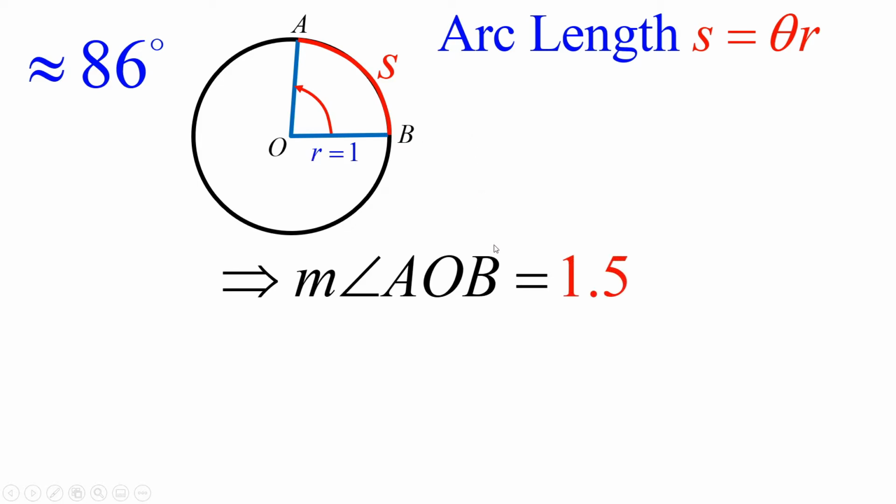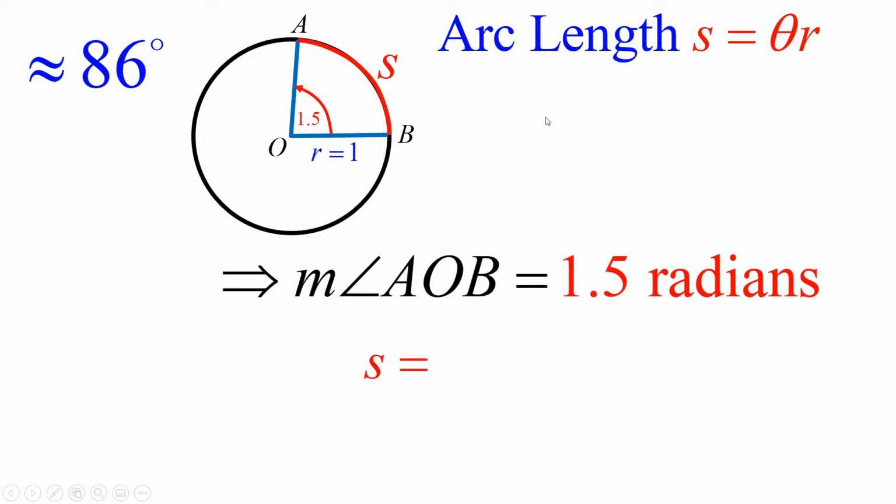Okay, 1.5. So that tells me that this angle right here creates an arc length of 1.5 units, which means the angle is 1.5 radians right there. Because again, arc length equals what? S equals theta times r. And the radius is 1. So that would make this 1.5 radians. There you go. Or approximately 86 degrees.